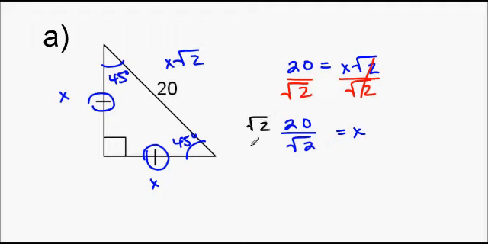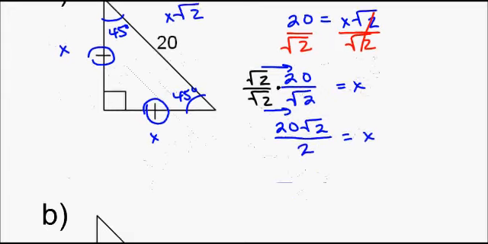So we're going to multiply top and bottom by the square root of 2 divided by the square root of 2. Why? Well, if I have the same thing top and bottom, that's like multiplying by 1. So I'm not really changing this. But I'm going to multiply straight across. 20 times the square root of 2 is 20 square root of 2, divided by square root of 2 times square root of 2 is 2.